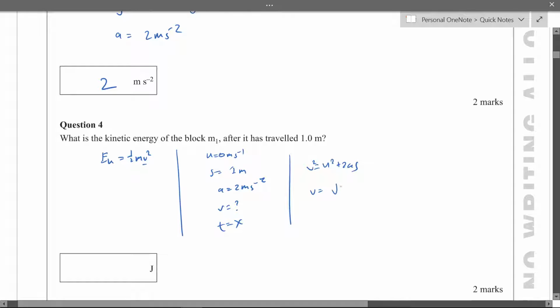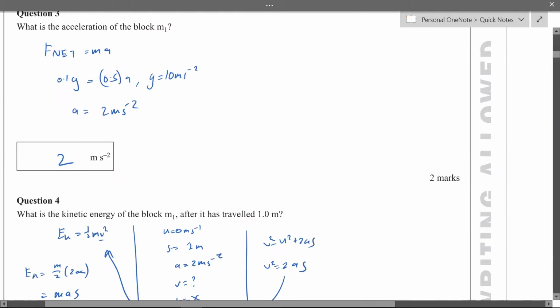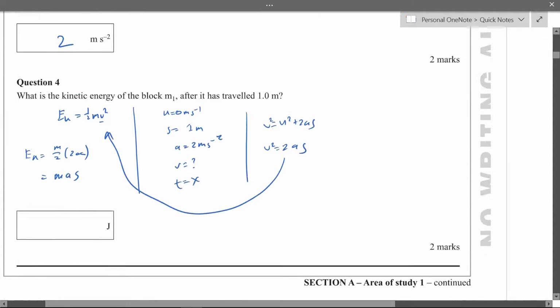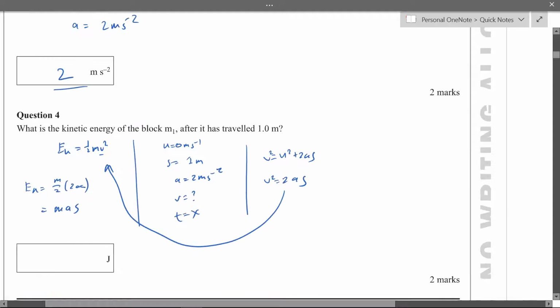I just put this straight into here. So v squared equals 2as, and Ek equals half m times 2as, which is just mas. This is for block m1, so m is 0.4 and a is this one, and you get 0.8.